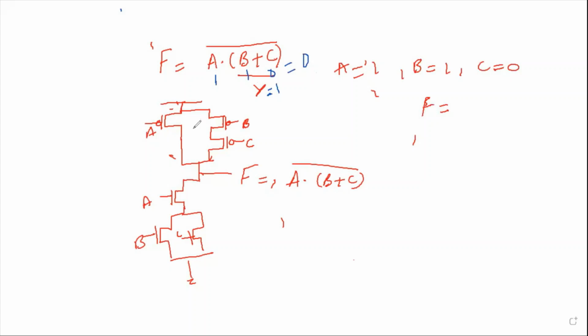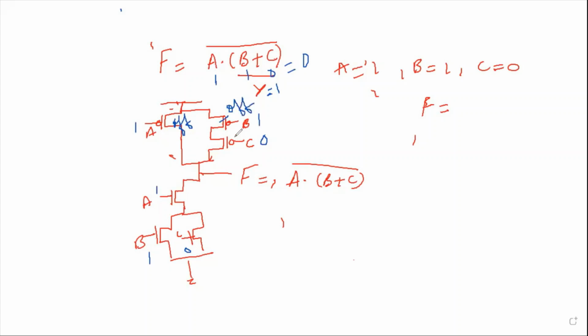Now let's verify it from the circuit. I have 1 here, 1 here, and 0 here, and on the NMOS side also 1, 1 and 0. Now see how it will work. A is 1, so this is going to be off. B is 1, so this PMOS is also going to be off.